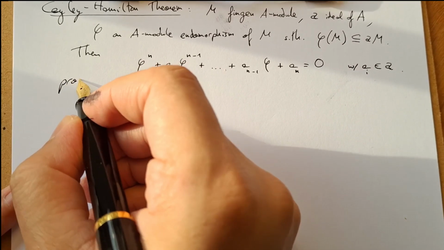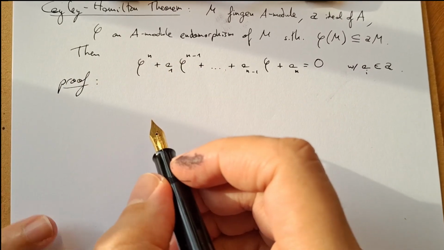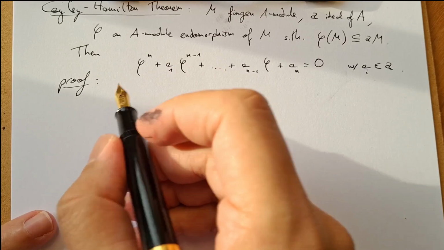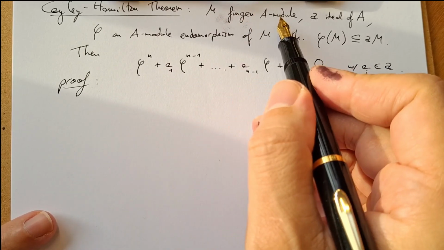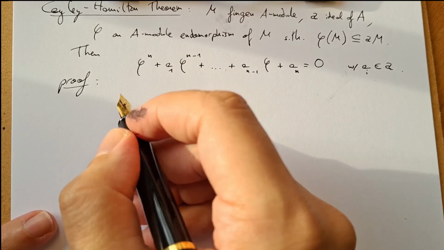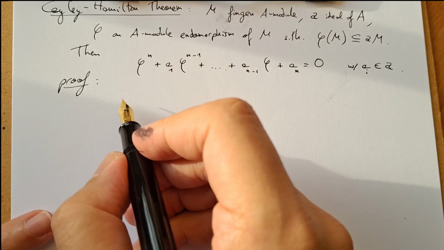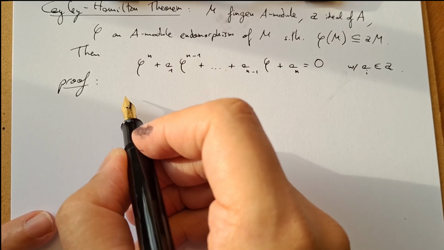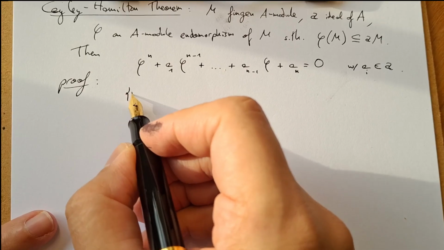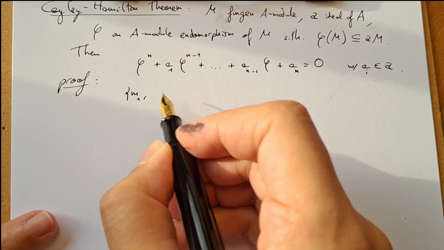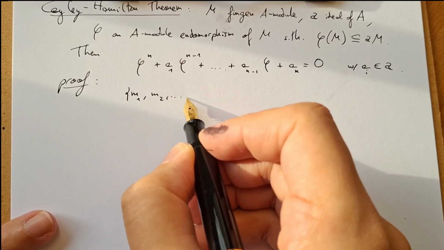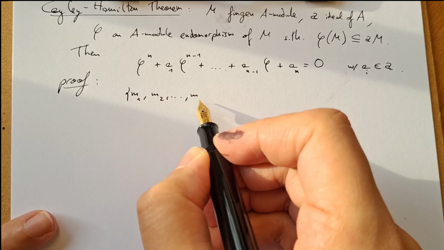Now, to prove this, since we know that M is a finitely generated A-module, we can denote the generators by, let's say, m sub 1, m sub 2, up to m sub n.